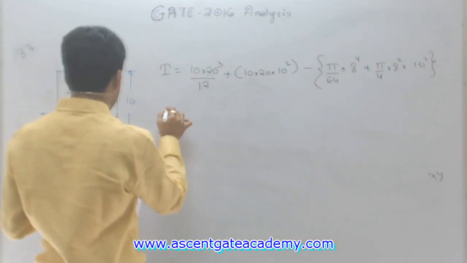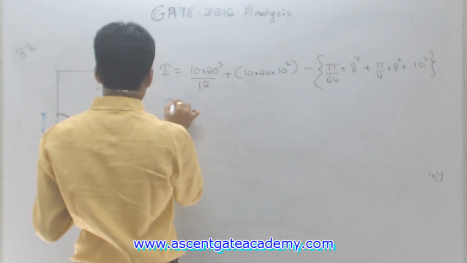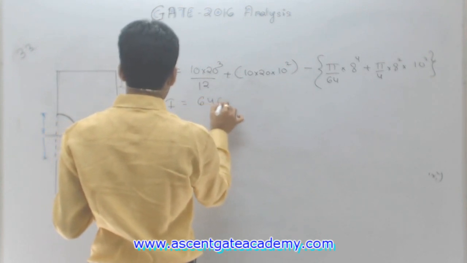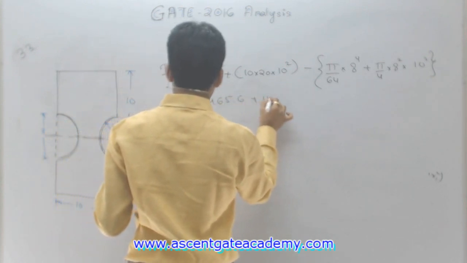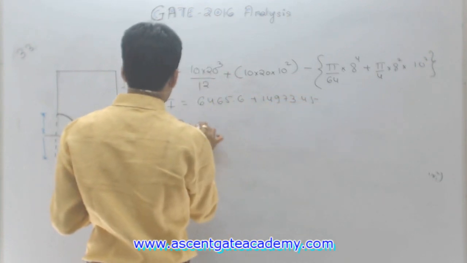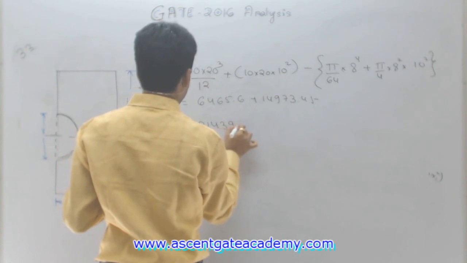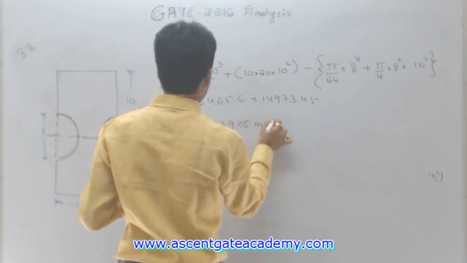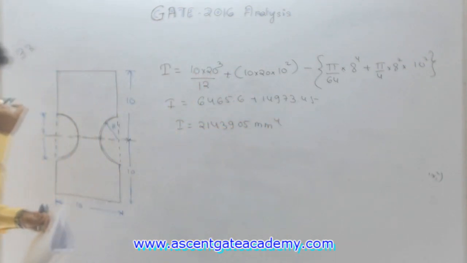On solving this you will get I equal to 6465.6 plus 14973.45, or this I will be equal to 21439.05 mm raised power 4. This will be the answer. Getting this?